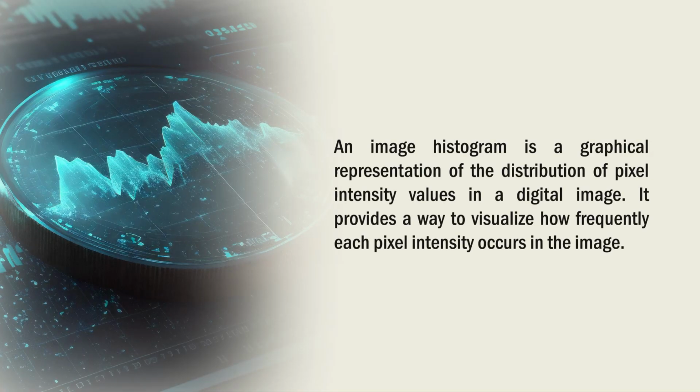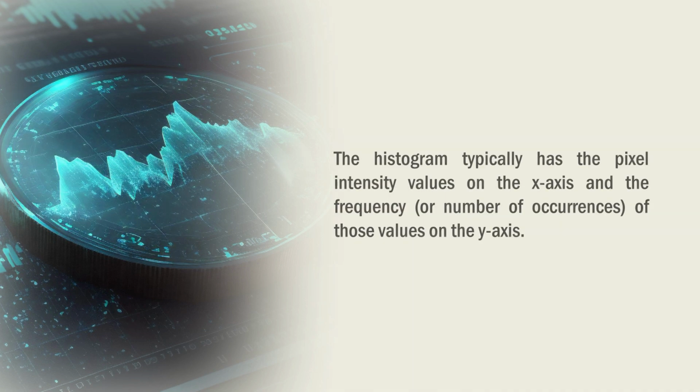So what is an image histogram? An image histogram is a graphical representation of the distribution of pixel intensity values in a digital image. It provides a way to visualize how frequently each pixel intensity occurs in the image. The histogram typically has the pixel intensity values on the x-axis and the frequency, or number of occurrences, of those values on the y-axis.